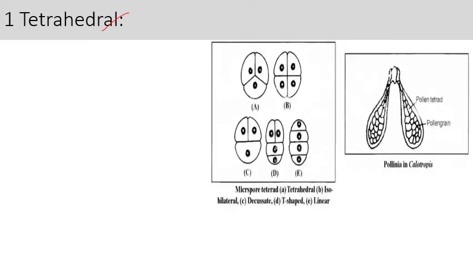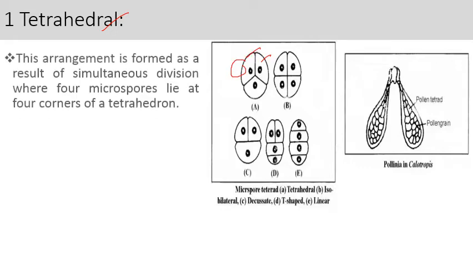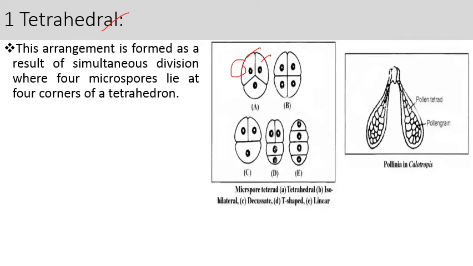Firstly, we have tetrahedral. As the name indicates, इसमें जो microspores हैं, 3 microspore visible होंगे फ्रंट साइड में और एक होगा इसके पीछे. So this arrangement is formed as a result of simultaneous division. So जो simultaneous division है उसके result से tetrahedral पैटर्न बनता है pollen tetrad का, where 4 microspores lie at 4 corners of the tetrahedron.